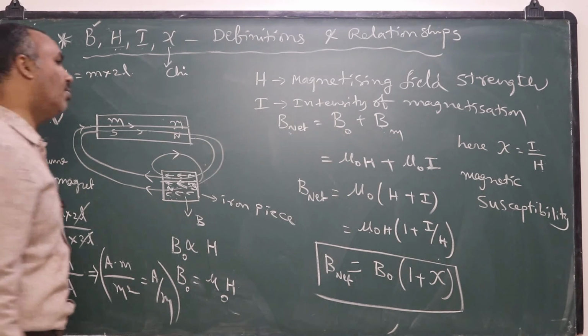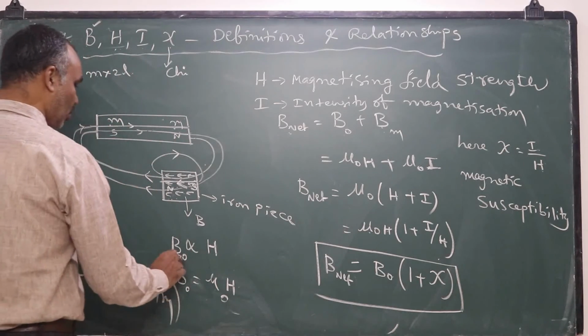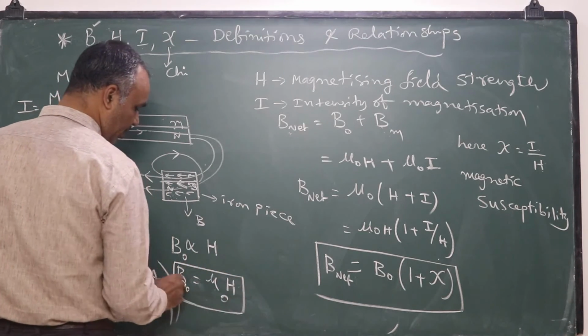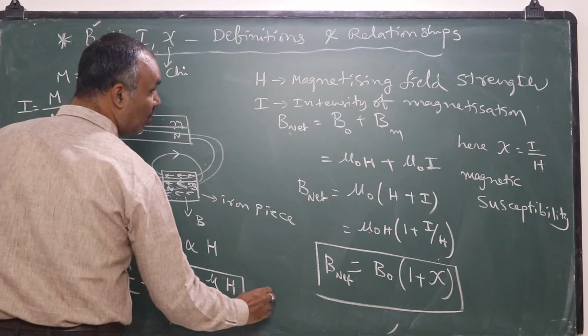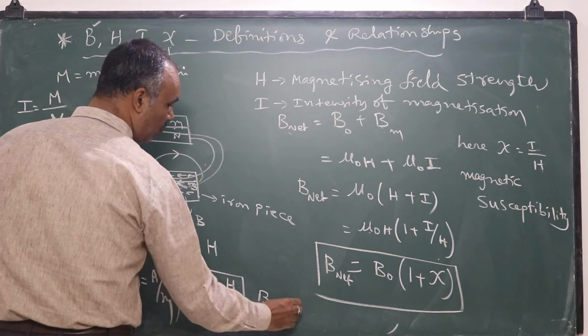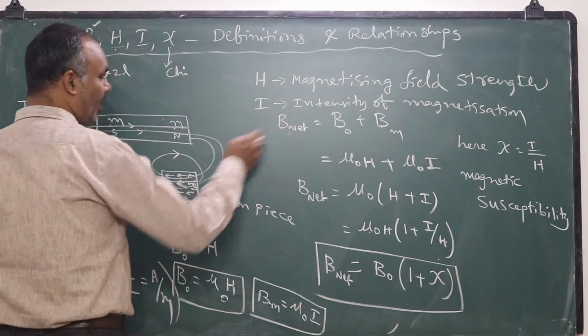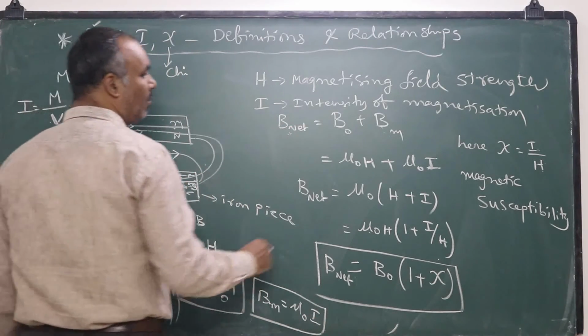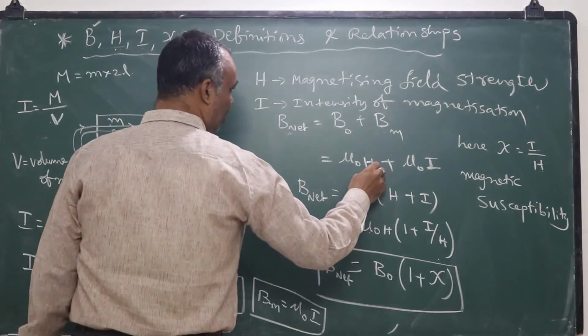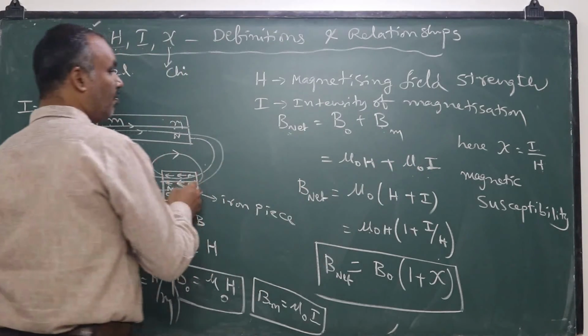What are the formulae? B naught is equal to mu naught into H. Bm is equal to mu naught into I. Net magnetic field inside this iron piece is mu naught H given by the external magnet, plus mu naught I given by its own field.